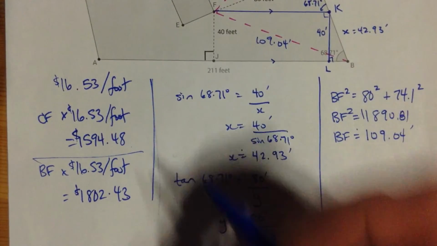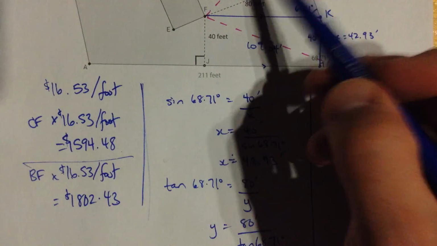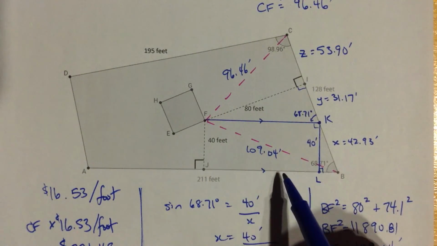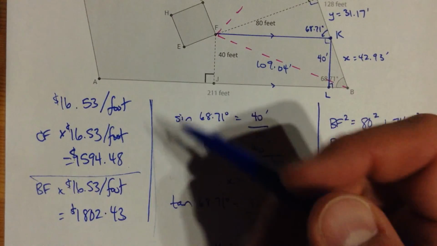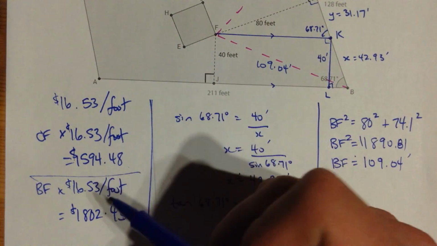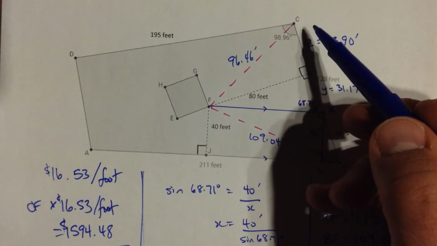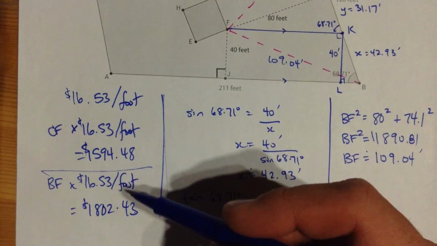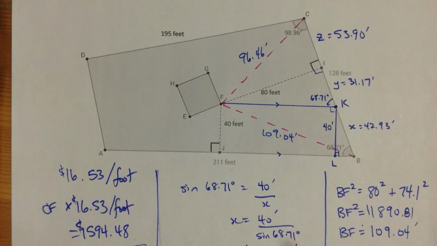So in this case, I would then write out that the length of CF is 96.46, the length of BF is 109.04, and then I would list the costs for each of them. I would say that to put the power line from F out to the upper one here, C, is cheaper, and I might calculate the difference. It looks like just over $200, about $206 difference between these two plans.